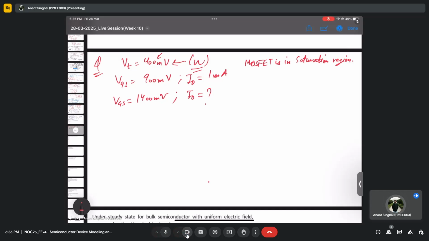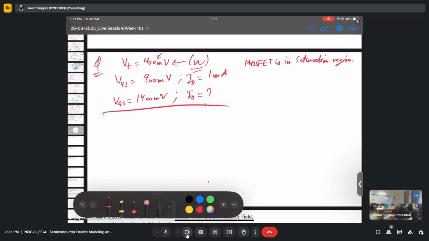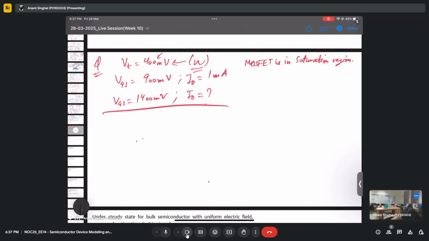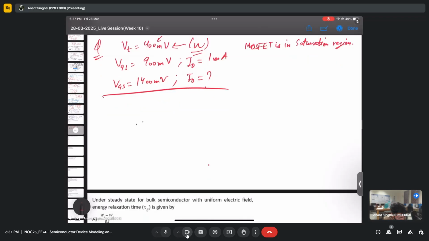Okay, so we know that this is in saturation. In saturation, we have just seen that the IDS is 1 by 2 mu n C ox W by L (VGS minus VT) squared. We have to find GM and then multiply GM with VGS to get ID, right?